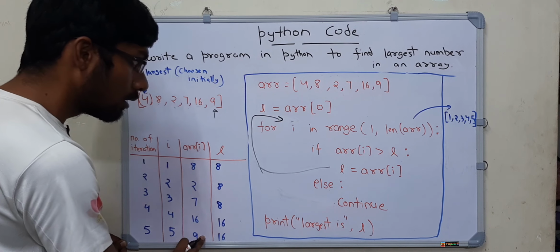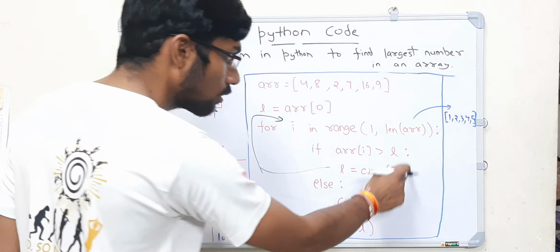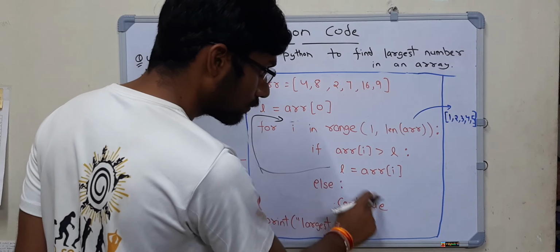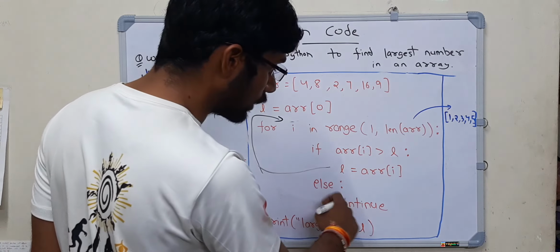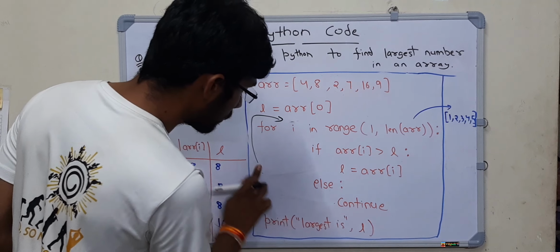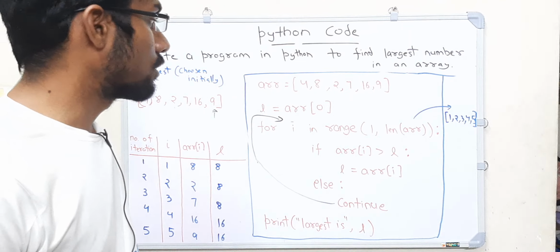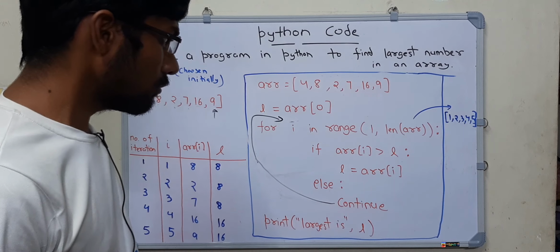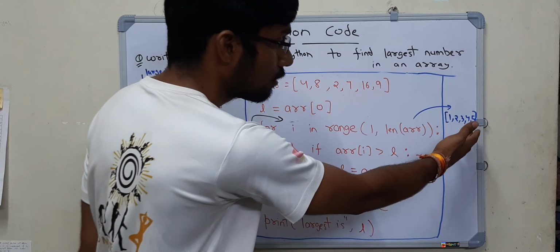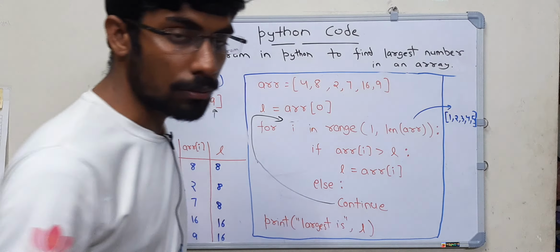So 9 is greater than 16? This is false, this will not work. So it will come to this else part, and the else part has the continue statement, so it will go to the next iteration. Since my iteration has come to the end and there is no other value, the loop will terminate.